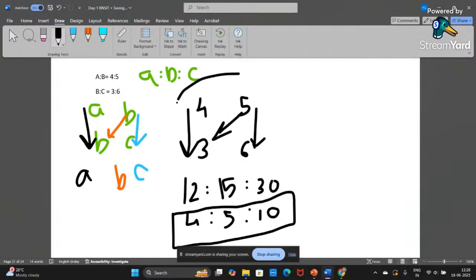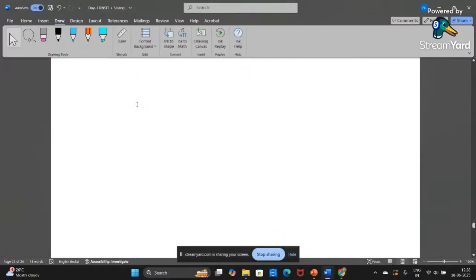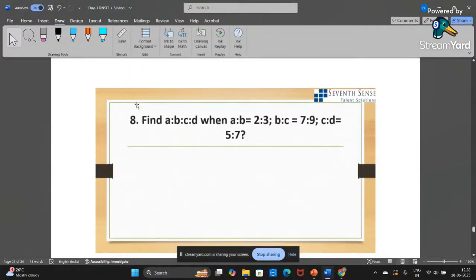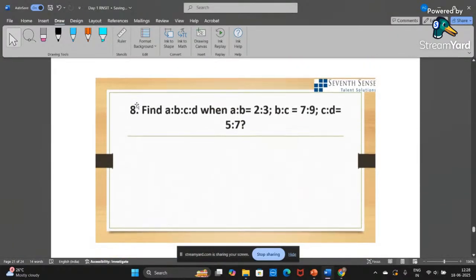Just remember this method. Okay, now let us move on to the next. Here we have 4 values, 4 ratios.